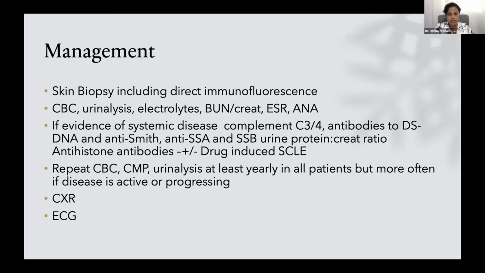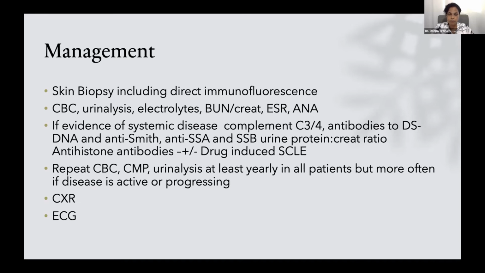So our baseline screening for systemic involvement is a complete blood count, urinalysis, electrolytes, blood urea nitrogen to creatinine ratio, ESR, and an ANA. If there's evidence of systemic disease, we need to do our complements, checking for hypocomplementemia, so low C3, C4, antibodies to double-stranded DNA and anti-Smith.